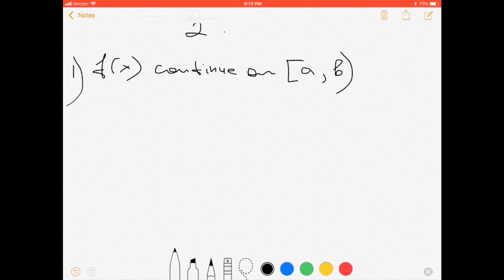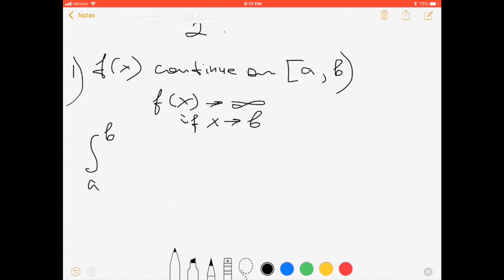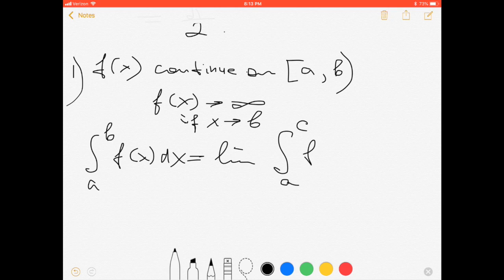This means f(x) approaches infinity if x approaches b. Then our integral from a to b of f(x) dx will be the limit of the integrals from a to c of f(x) dx, but here c approaches b from the left.